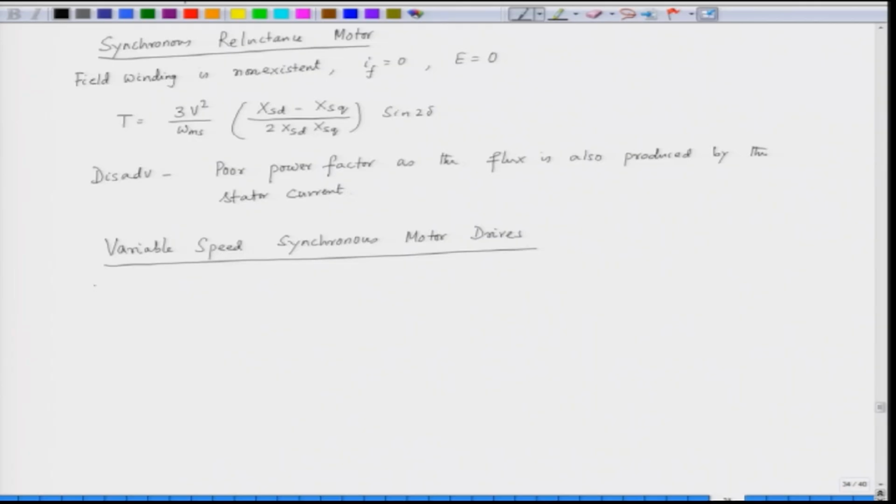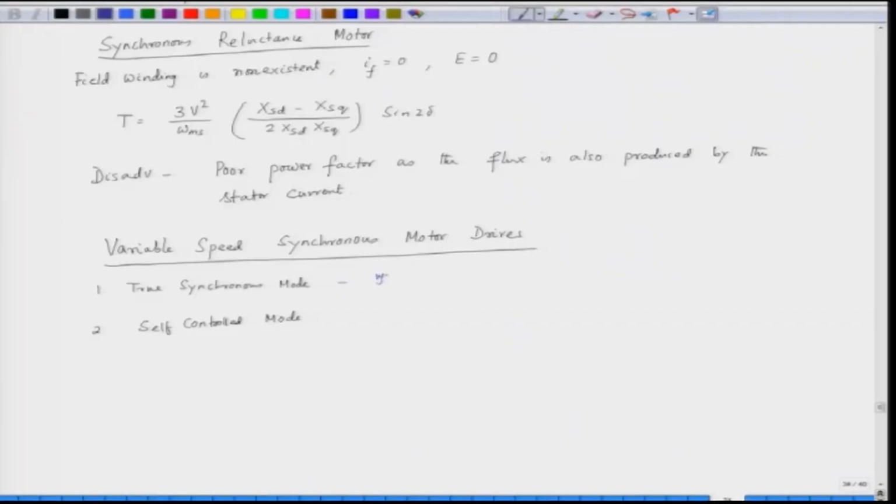So, we have two types of variable speed synchronous motor drive. One is called a true synchronous mode and the other is called a self controlled mode. So, we understand that to have variable speed for a synchronous machine, we have only one option, that we have to vary the frequency.